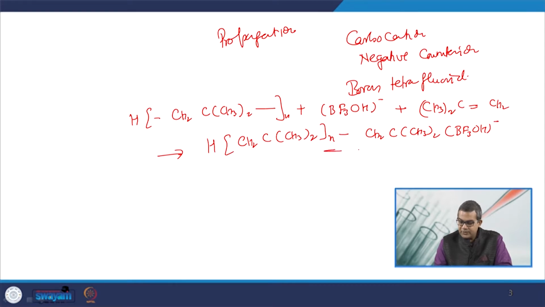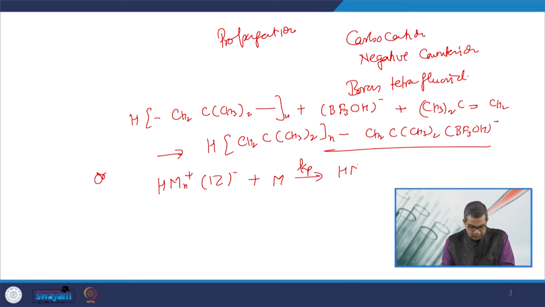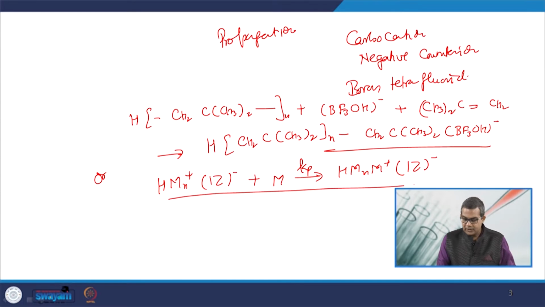So, this facilitates the further propagation. Or sometimes, in a very short form, it may be represented as IZ plus M. Now, this is the more appropriate form to represent in reaction engineering concepts. When we try to develop the reaction mechanism, it facilitates things.